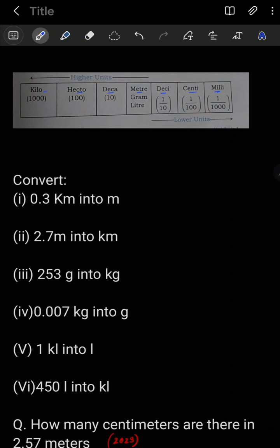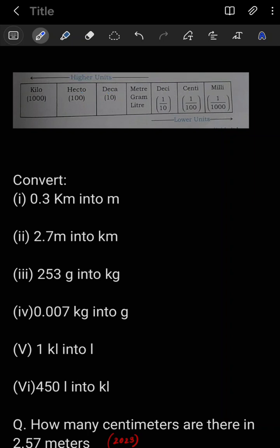Here milli is your smaller unit and kilo is your bigger unit. So from milli to kilo, it is small to big, in increasing order.